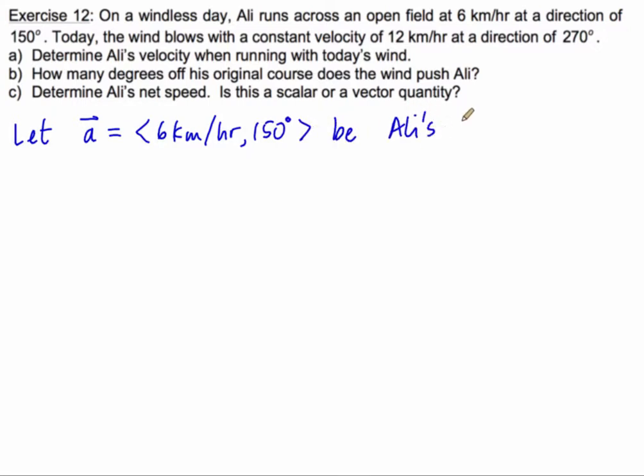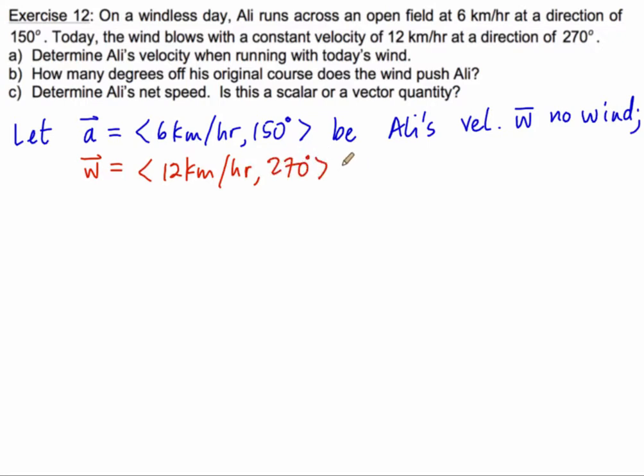And this is Ali's velocity with no wind. And let's use W for the wind's velocity, which is 12 kilometers per hour, acting at an angle of 270 degrees.